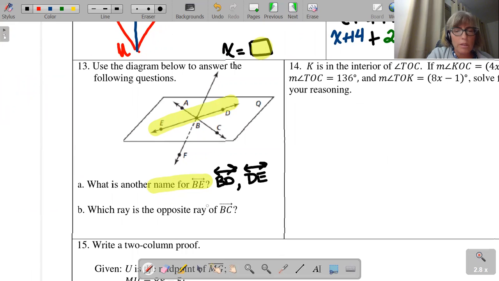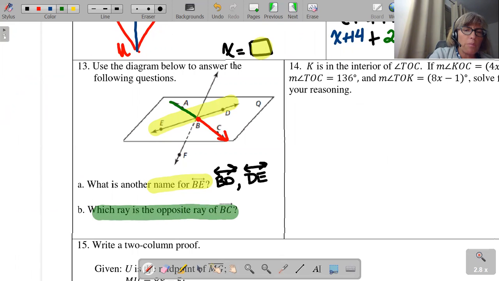So any 2 points. Which ray is the opposite of BC? So BC is this way. Opposite means going the opposite direction, and the opposite ray would be BA.